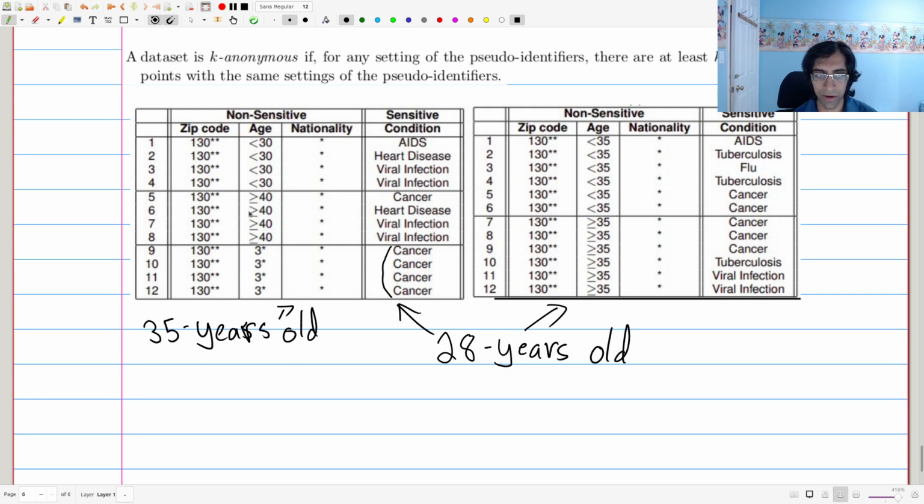What we can say here is that, okay, they're 28 years old, so they're one of these individuals in this data set, and since age is less than 35 here, they're one of the individuals in this data set. Now what we can see is if we cross-reference these, there's exactly one person who seems to be in both data sets, the person who has AIDS as a condition.